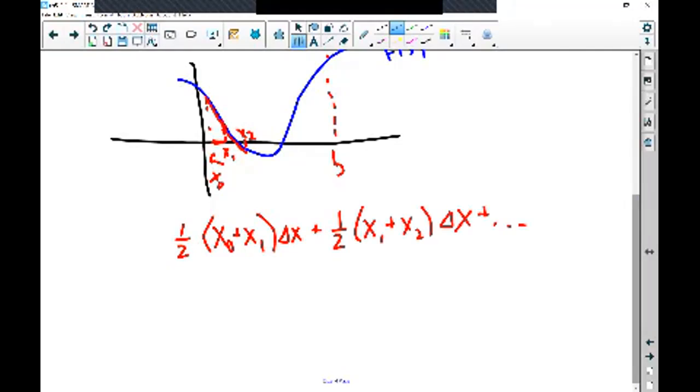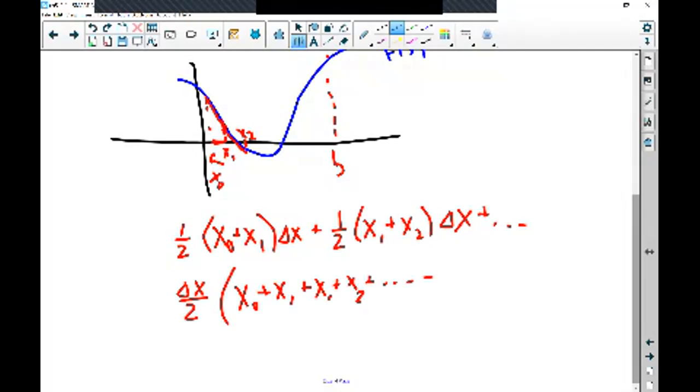Well, we can factor out anything common, so we can factor out that delta x and the 1/2. So that's why we have delta x over 2 in the beginning of our formula. And then we would multiply that x0 plus x1 plus x1 plus x2 plus all the way out.